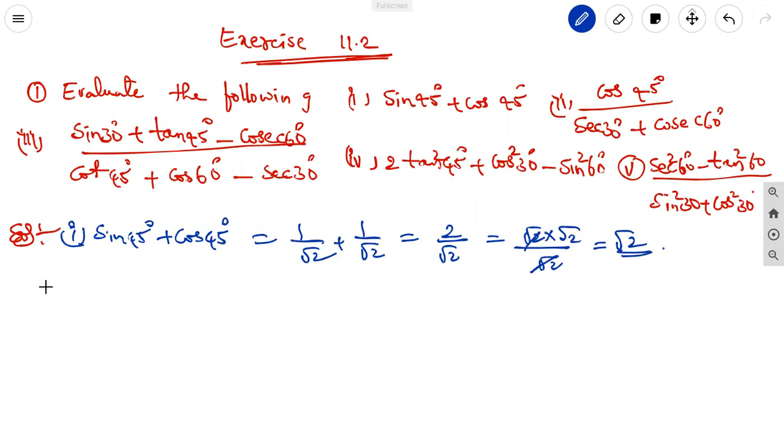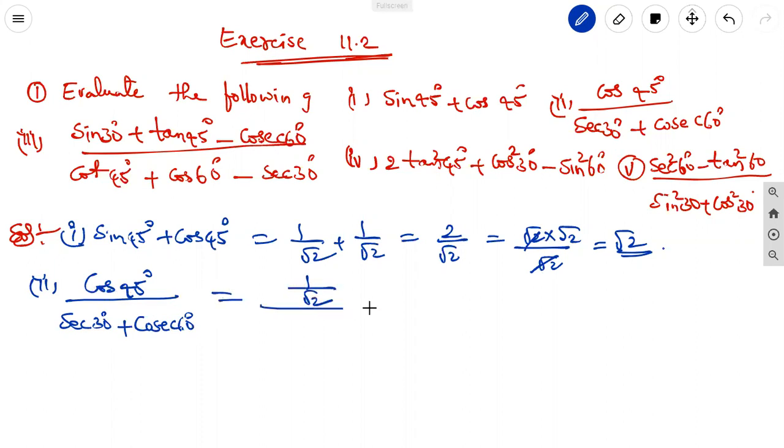That is the value. Second one, cos 45 degrees by secant 30 degrees plus cosec 60 degrees. It is equal to cos 45 degrees, we know the value, that is 1 by root 2. Secant 30 means we know that secant theta is 1 by cos theta.